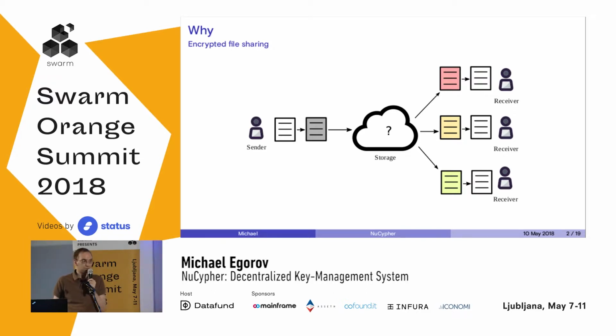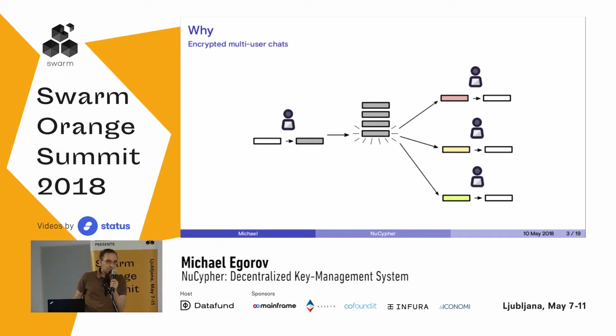And of course, you could opt for a centralized solution, but that's not what we're doing here. Another example, probably more relevant with tens of thousands of people, is end-to-end encrypted group chats. You can do the same kind of thing for each message.